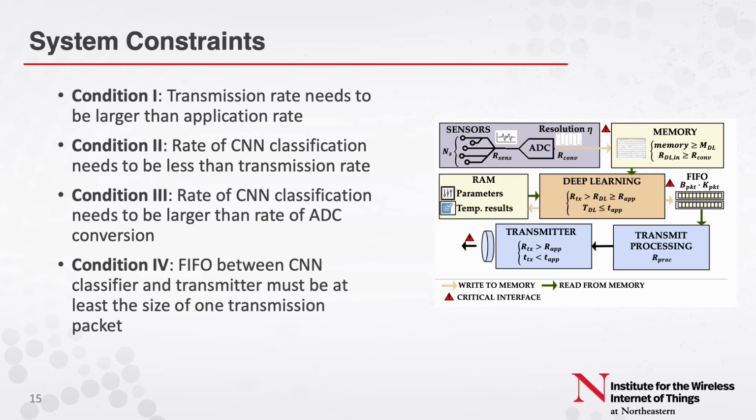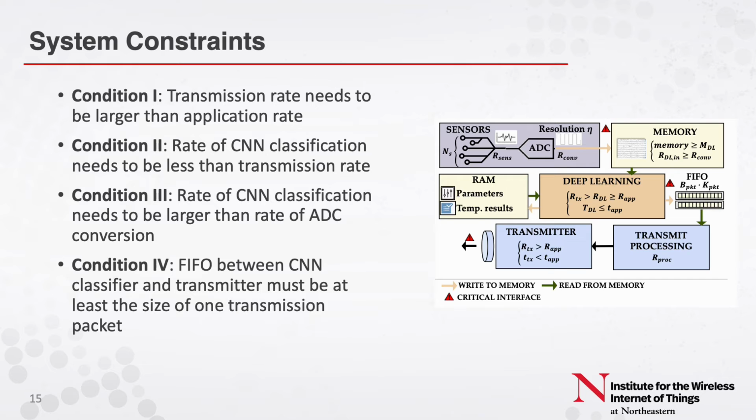So in order to ensure proper function of AiEEG, there are certain real-time constraints and considerations that need to be taken into account. Specifically, we've identified 4 conditions that must be met in order for data to flow correctly, let's say, starting from the EEG sensor all the way to the TX to transmit the classification outward.